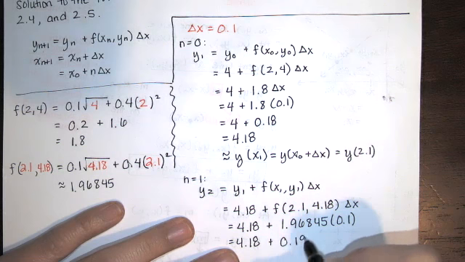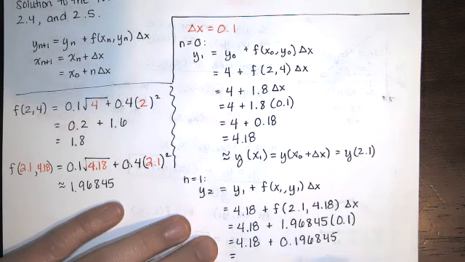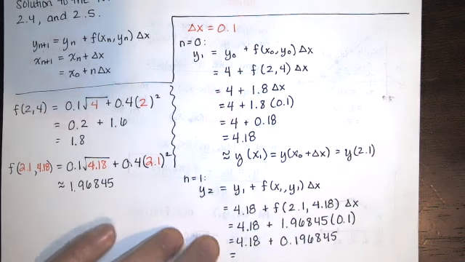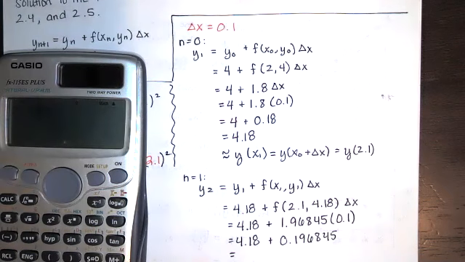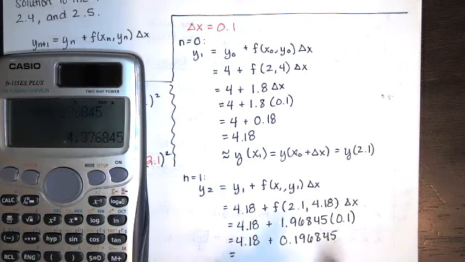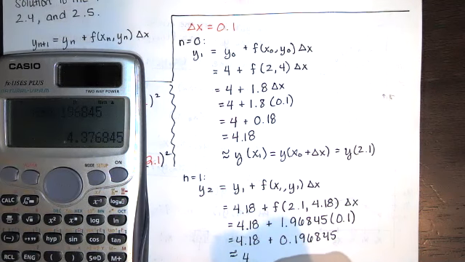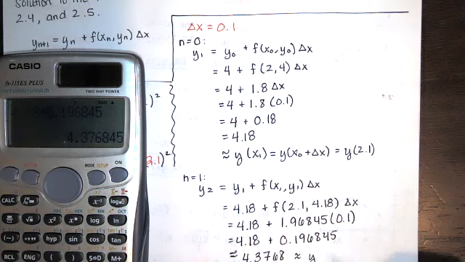It's multiplying by a 10th, so it just moves the decimal over once. And then we add that to the last y value. 4.18 plus 0.196845, and we get approximately 4.3768. Now again, this is the approximation of the solution curve y at this new location.